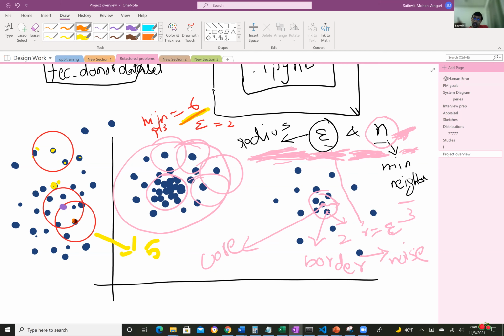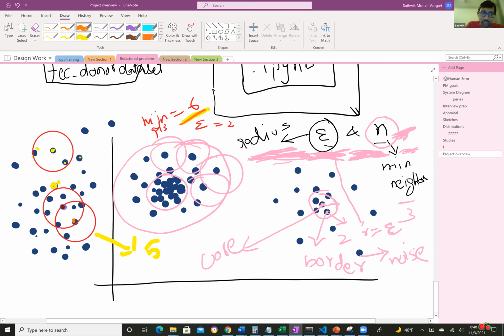But then again, think of this. Just because a point is the center of a circle, it's not a core point, or because it's lying on the edge, it's not a border point. You see this orange point?